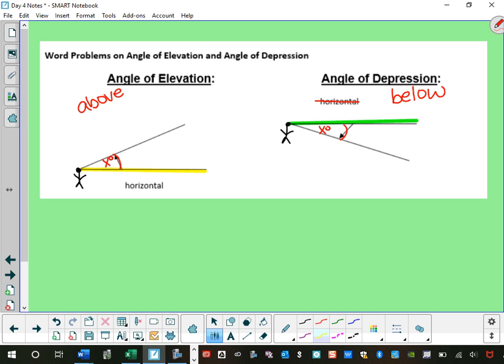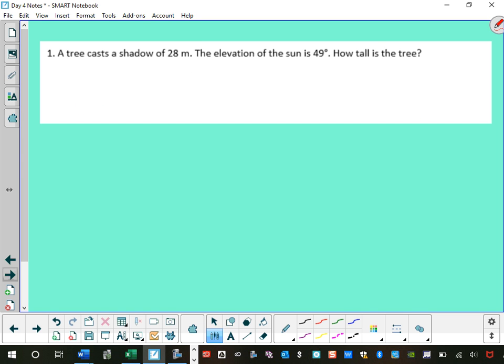Okay. So now let's look at our word problem. For number one, we have to draw a picture when we have these kinds of things, okay? I've been doing this a long time and I have to draw a picture. It helps me, so I know it'll help you. Sentence by sentence, we're going to draw. So a tree casts a shadow of 28 meters. So draw a tree. It does not have to be perfect, of course.